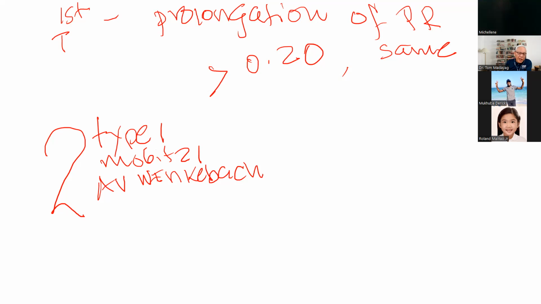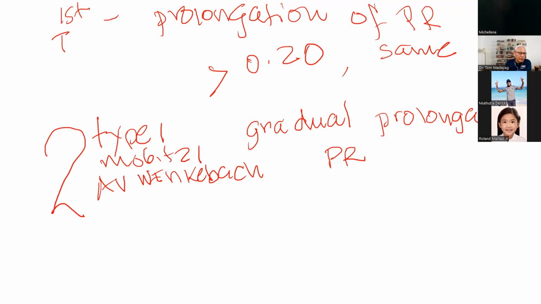In a second degree AV block type 1, there is a gradual prolongation of the PR interval, and eventually there's going to be a P wave that is non-conducted. So there's a gradual prolongation of the PR interval until such time that there is a P wave that is not going to be conducted.